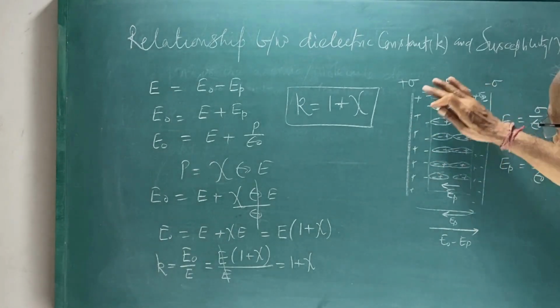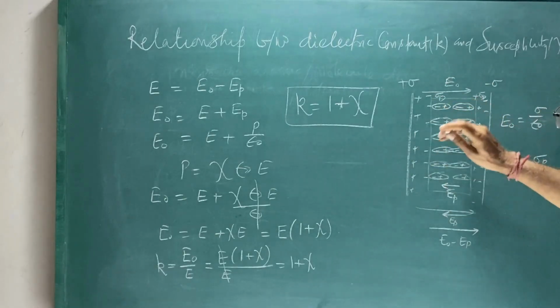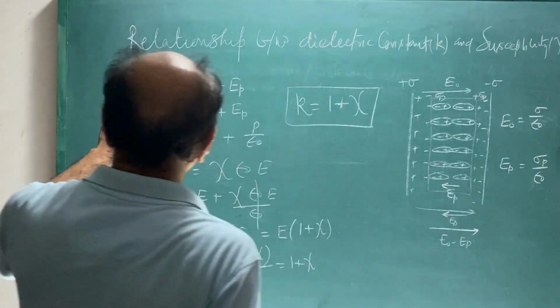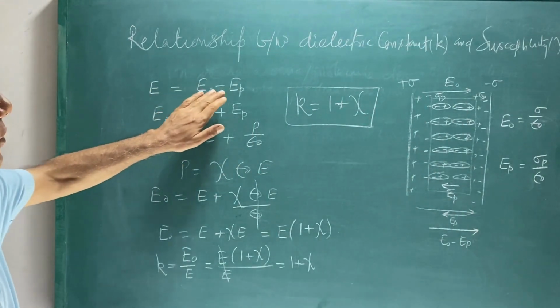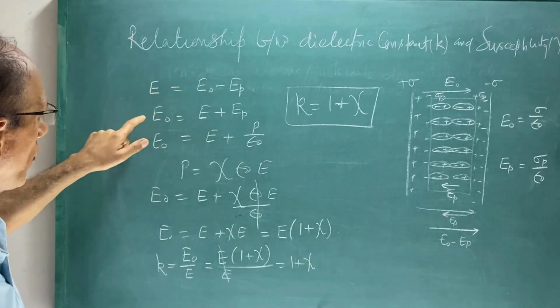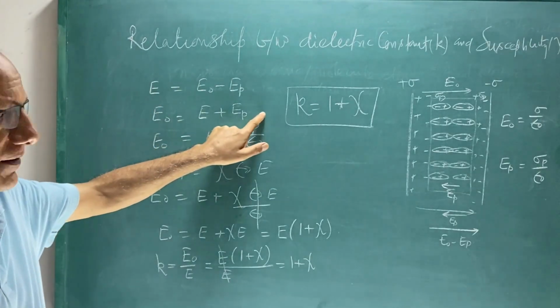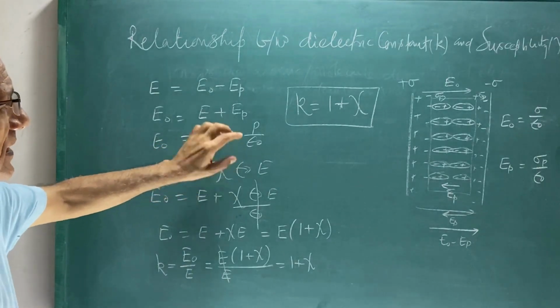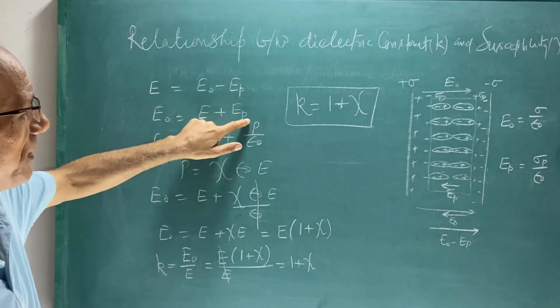So if we try to find out the total electric field in the region where the dielectric is placed, it will be given as E equals E naught minus EP. So that means this E naught will be equal to E plus EP. So E naught will be equal to E plus EP, and this EP is always equal to P by epsilon naught.